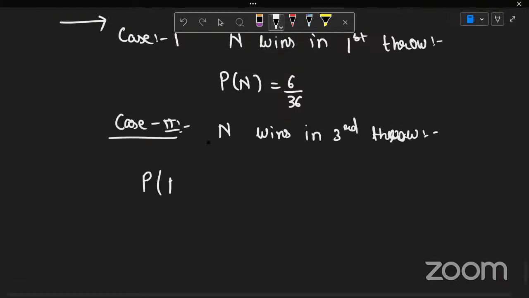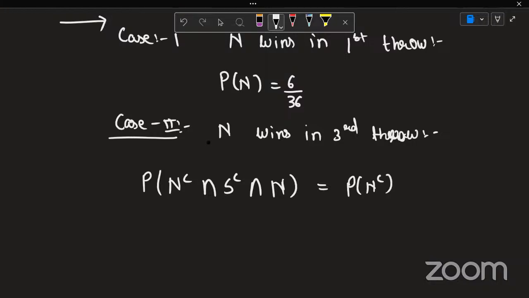N complement is she loses, and S also loses, and in the third turn, she wins. And I can multiply them directly. Why? Due to independence.